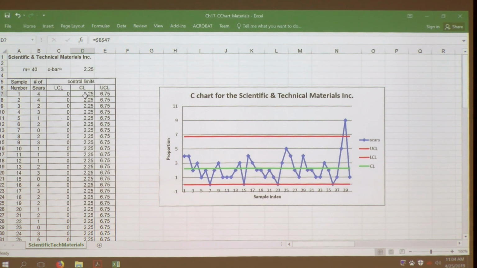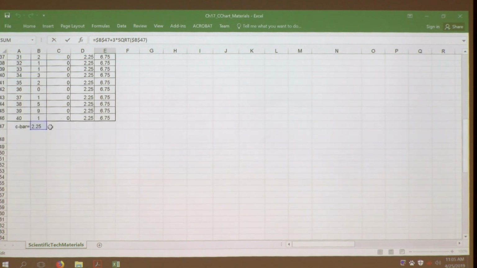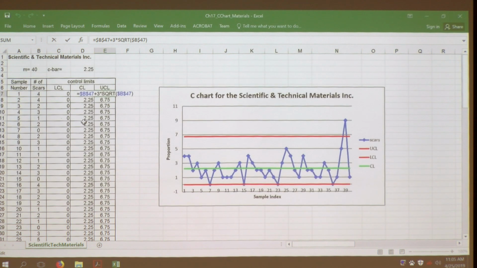Then you have the center line, and then you have the upper control limit. The upper control limit is C bar plus 3 times the square root of C bar. Because I have B47 over here, where is B47? B47 is over here. It's 2.25, what we have already calculated as C bar. And the lower control limit, why is this 0?